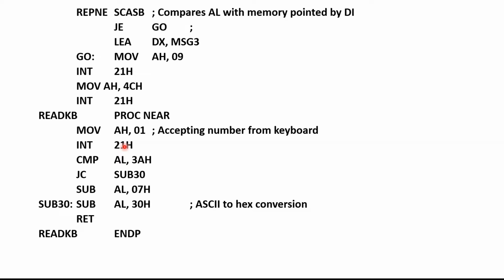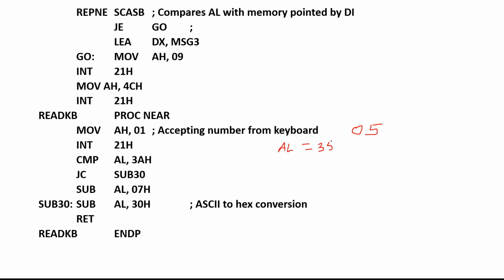For 5, 35H will be stored. If you are entering a digit 5 through the keyboard, AL will contain the ASCII equivalent of this digit, so it will contain 35.